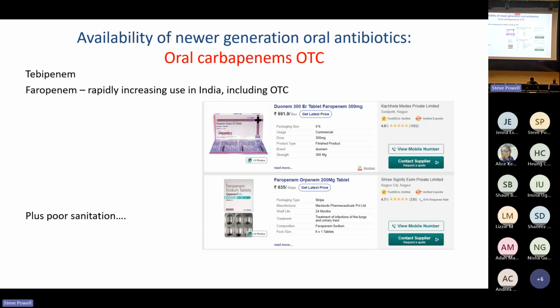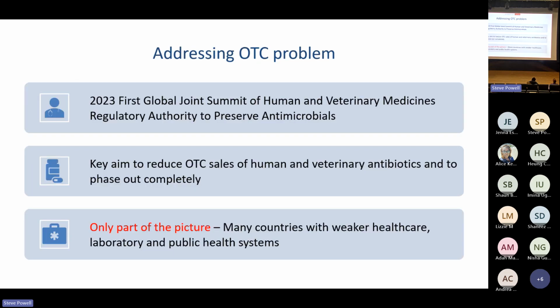And we have oral carbapenems, tebipenem, tebipenem and faropenem, and there are papers that demonstrate that oral faropenem, this oral carbapenem, is rapidly increasing in use in India, including plenty of over-the-counter unsupervised use. And that, coupled with poor sanitation, I mean, it's not just an accident waiting to happen, it's an accident that has already happened, as we've seen from a little bit of our data so far.